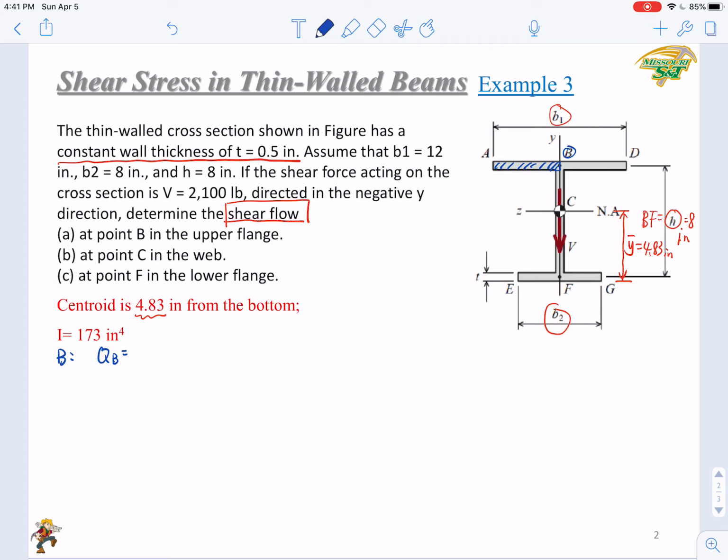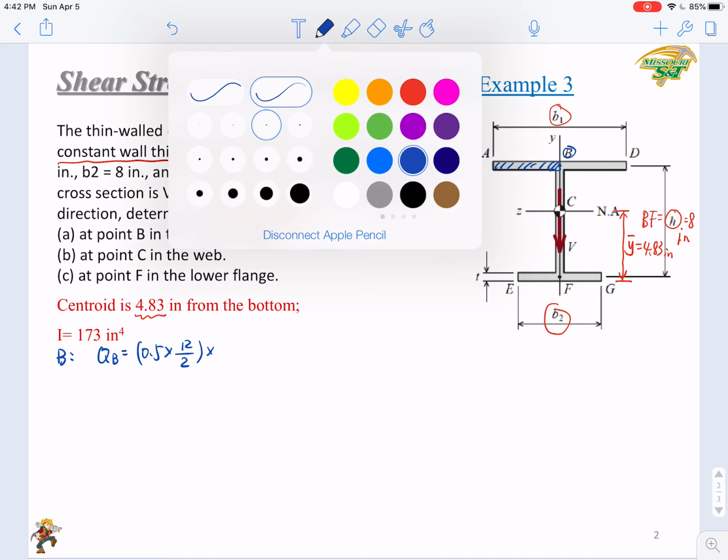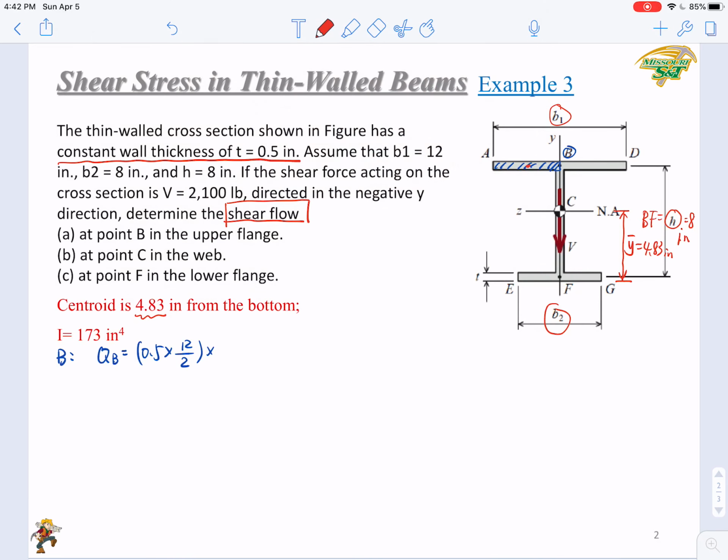The area is the thickness, 0.5, times half of AD. AD is just B1, that is 12, so 12 over 2. This is the area. And the d value, we need to find the centroid first.